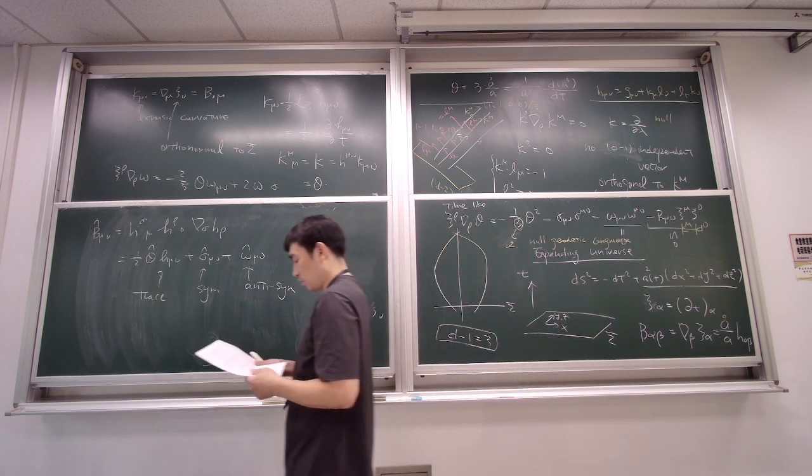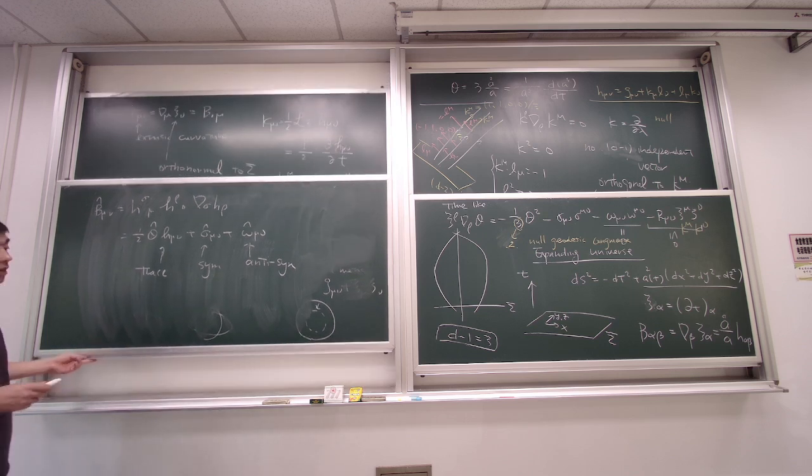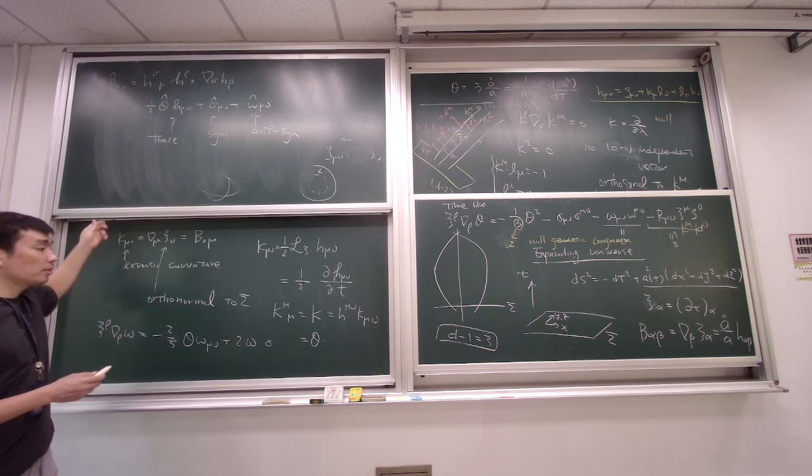So that's how you change the Raychaudhuri equation and so on. This is what I failed to explain last time. And then we talked about the focusing theorem last time.